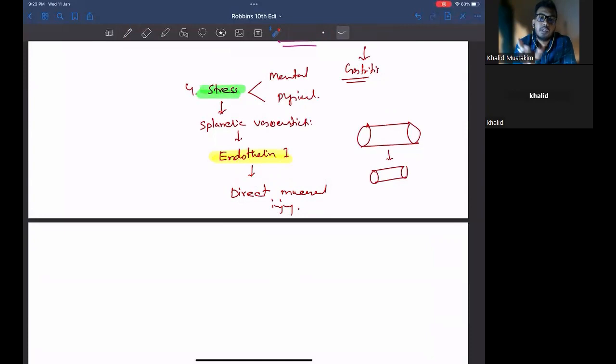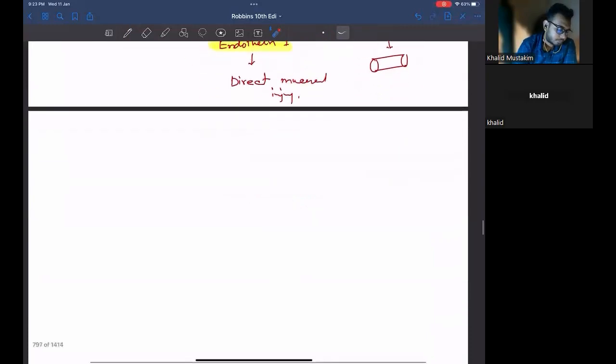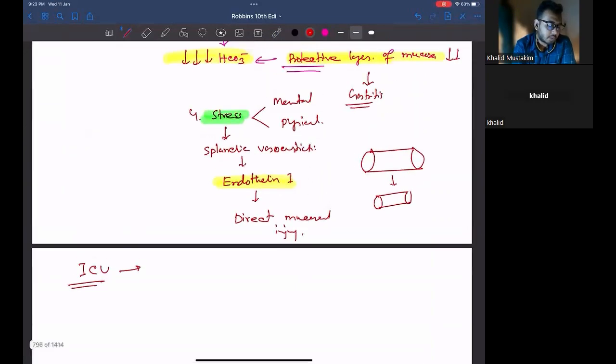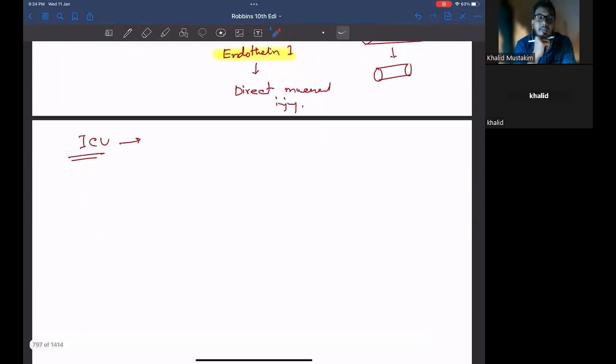Now let's talk about some very special type of stress. Suppose a patient is in ICU. That means he or she is in the intensive care unit. So it is a stress for him or her. So if the patient is having stress, obviously this mechanism will occur there. So suppose a patient came to us with pneumonia and we admitted him into ICU.